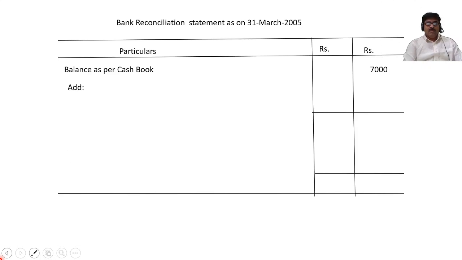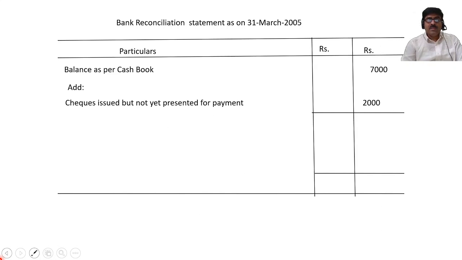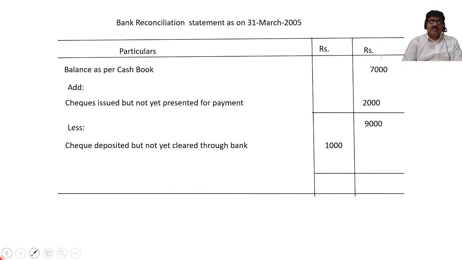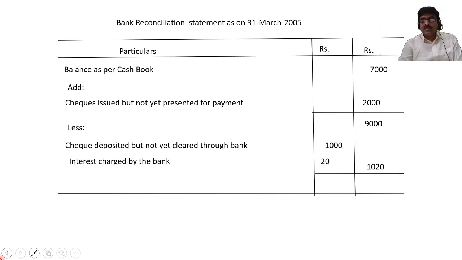There is only one item, the 2,000 rupees checks issued but not presented for payment. Now less: first, the check deposited but not yet cleared through the bank or collected by the bank, 1,000 rupees, and bank charges or interest charged by the bank, 20 rupees. These two items we have to deduct.